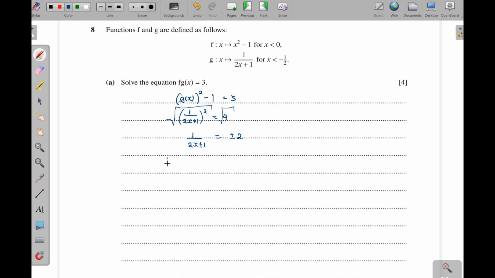So if I have 1 over 2x plus 1 equal to 2, and then I also have 1 over 2x plus 1 equal to negative 2. So when we cross multiply, we shall have 1 equal to 4x plus 2. Bring this on this side, it subtracts from a 1, and then we shall have negative 1 equal to 4x. So that means x here is going to be equal to negative a quarter.